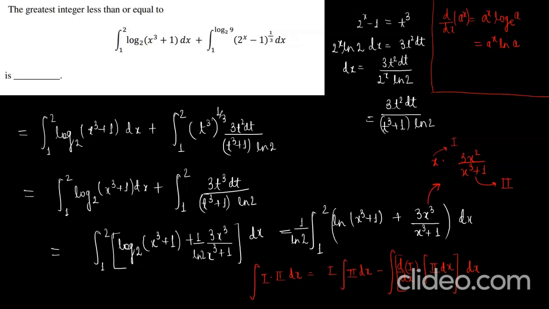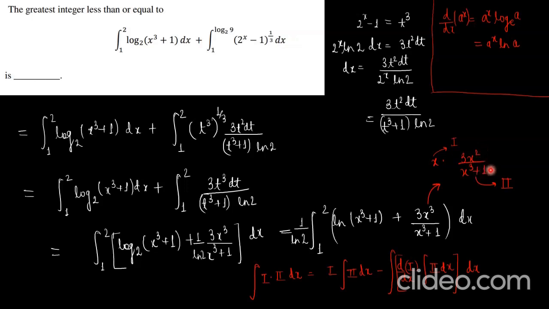So x into ln(x³ + 1), this term will give this term, sorry. If we suppose this term during integration as v, then after differentiation we get 3x². So after supposing this, I got this after differentiation.